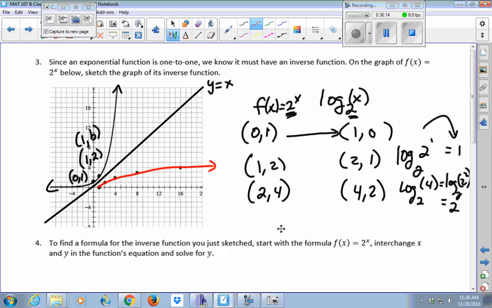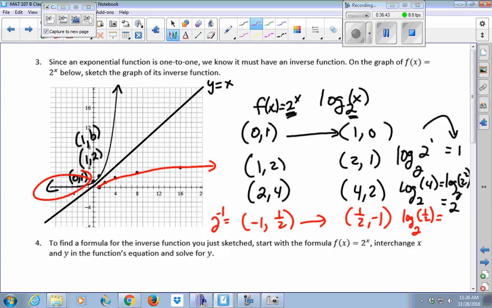It looks like it, but I haven't finished this off because I haven't done any of the swapping of the coordinates for the part of this function that's less than 0. So let's see, when I have -1 and I put that into my exponential function, I get 1/2 for my answer. So when I swap, I get 1/2, -1. So log base 2 of 1/2 is -1.